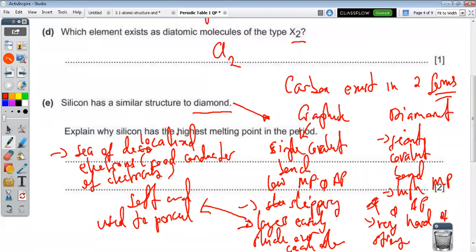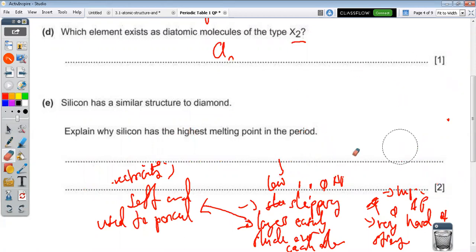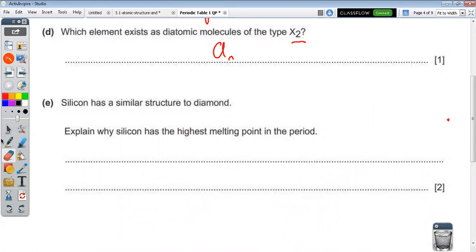Now I need to explain in terms of diagrams, as some of you have done covalent bonding. We haven't answered the question yet, I thought I need to address group 4 straight away. Your graphite, you have one carbon like this, bonded to 3 carbons.